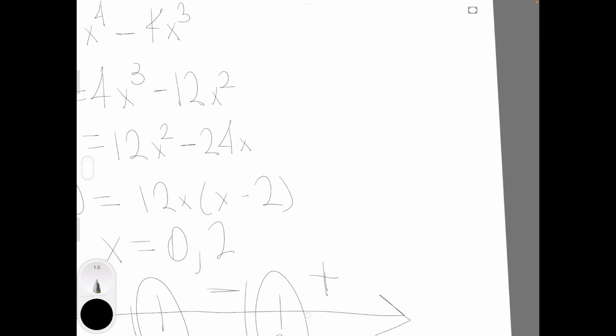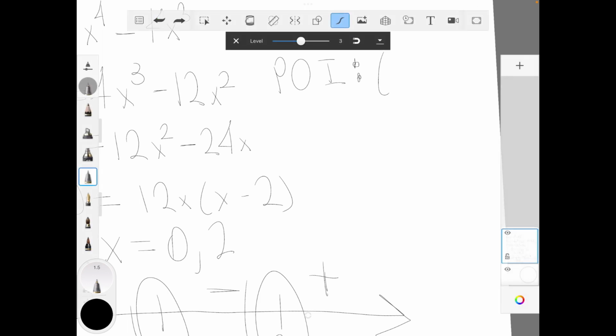So we would denote that by finding the actual point. So you can go ahead and plug 0 and 2 into the original function to find the points. I'll actually give you guys a couple minutes to do that.